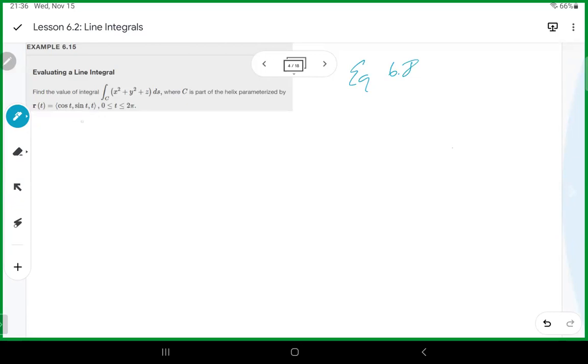Note that f of r of t is cosine squared t plus sine squared t plus t. So that's 1 plus t.